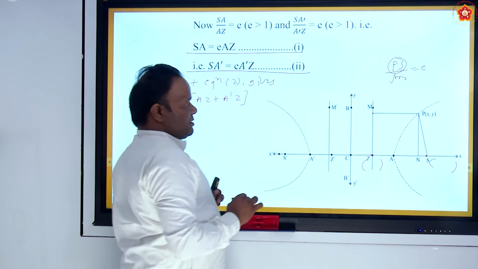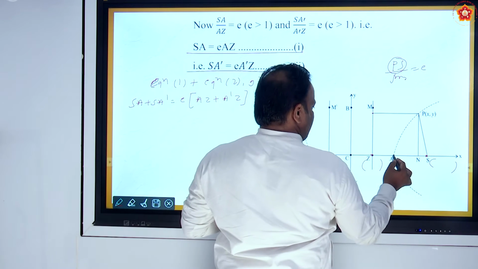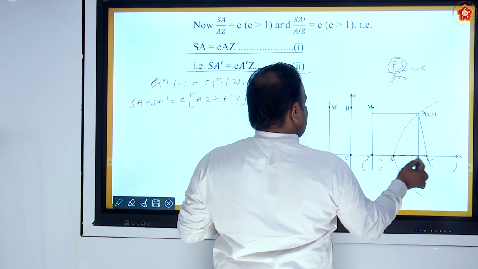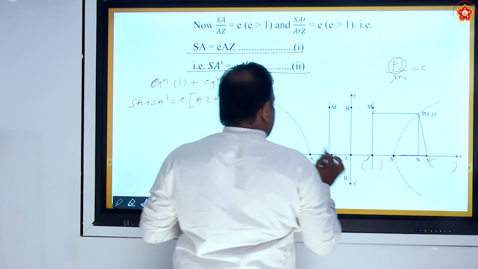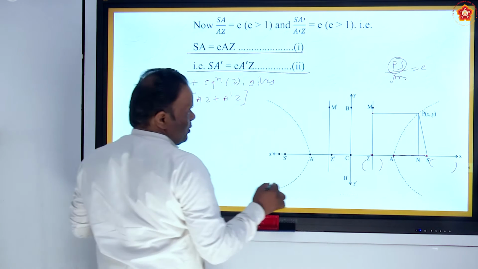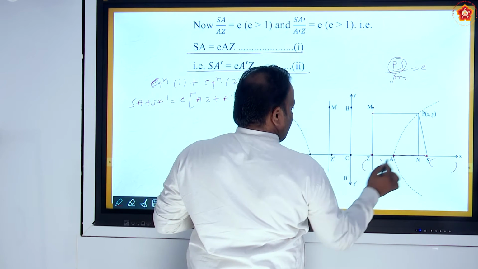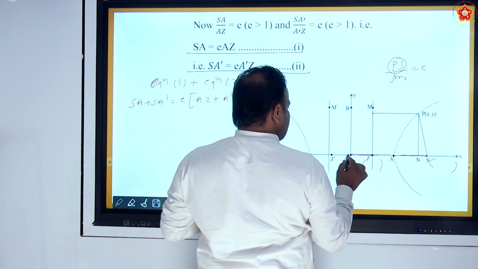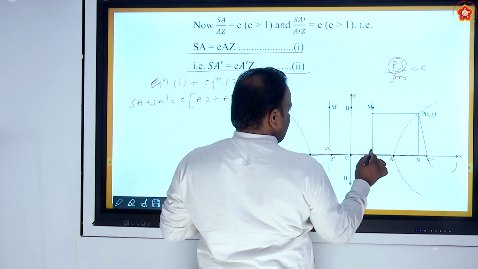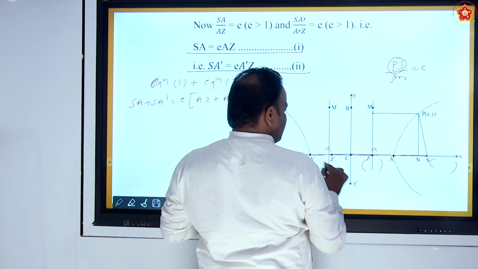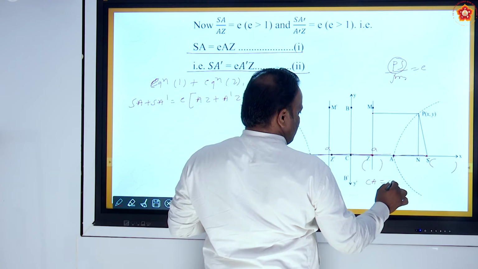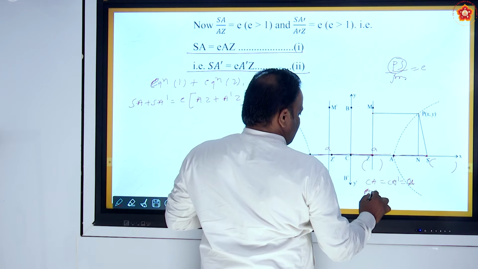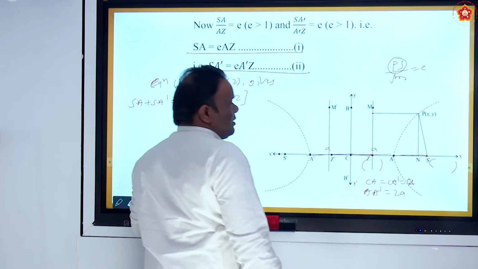SA plus SA dash, observe the figure. We can't write it directly. How can we write SA plus SA dash by using the origin? Observe here, CA equals CA dash equals a. Then A A dash equals 2a. Correct now?